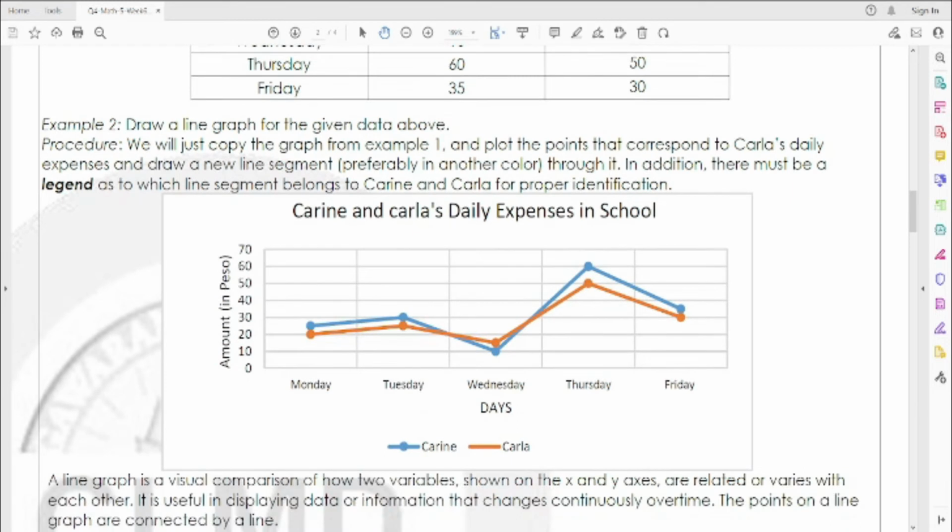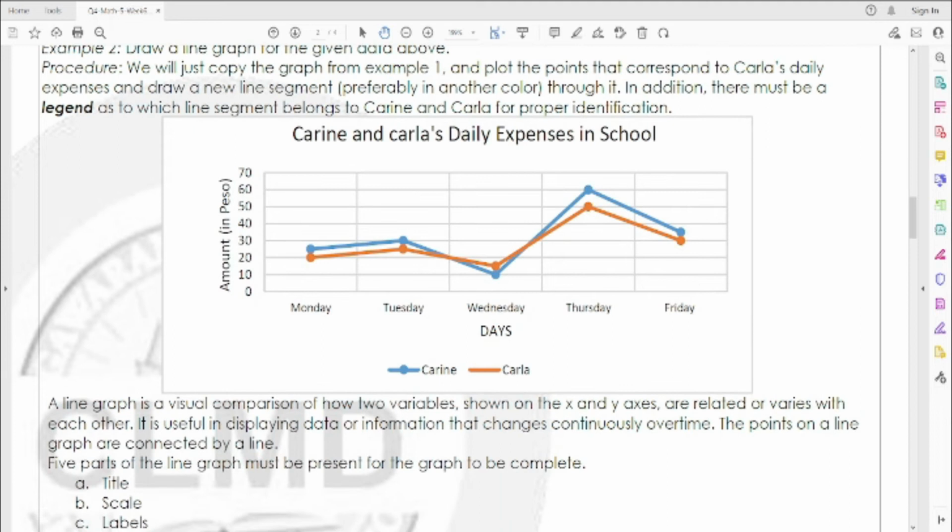So this is the result of the graph. In the legend, the blue one is for Corina and the orange is for Carla. On our y-axis, the interval is 10, from 0 to 70, and on our x-axis, the days from Monday to Friday.